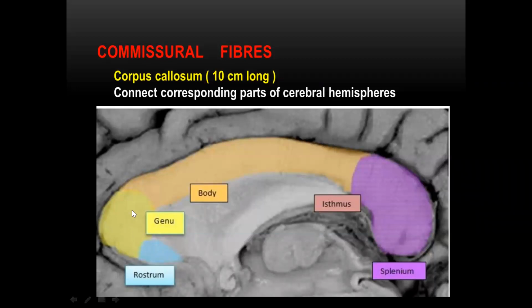This is where the corpus callosum is deviated, called the genu, and here is the body, which is the largest part, and here is the splenium. The splenium is the thickest part of the corpus callosum, and the rostrum is the thinnest part.